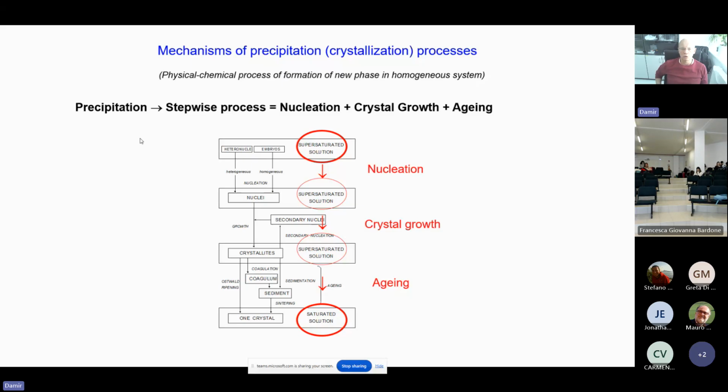After that, supersaturation starts to decrease, and the process is known as crystal growth, and finally the aging is a process which takes place very close to equilibrium system, and this is actually a common name for many different processes like solution mediated transformation, solid state transformation, coagulation, sedimentation, sintering, Ostwald ripening, and so on and so on.